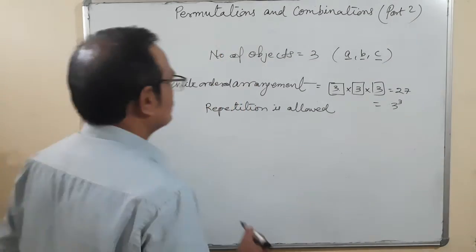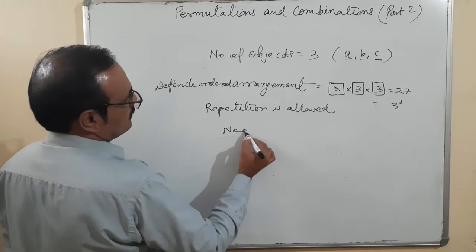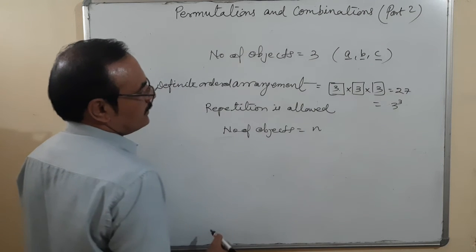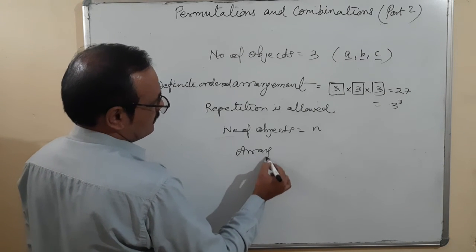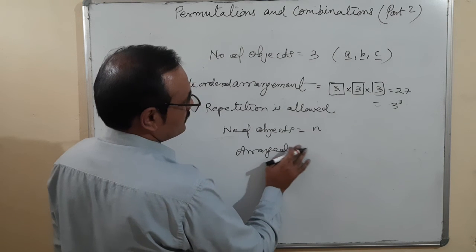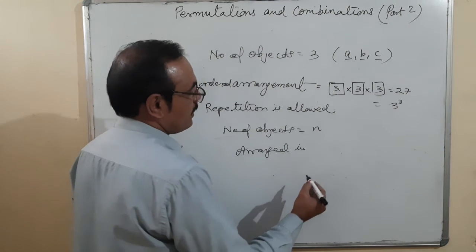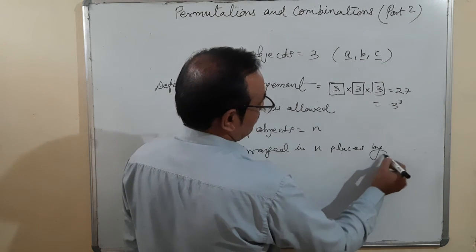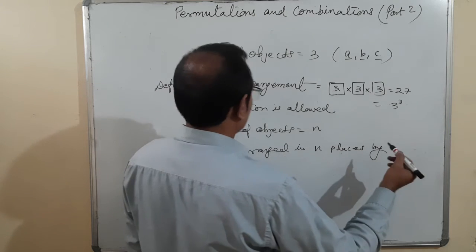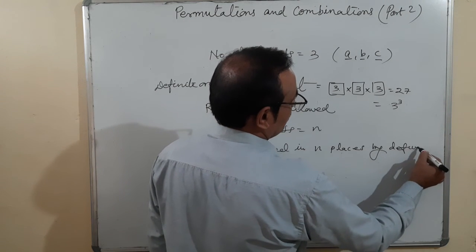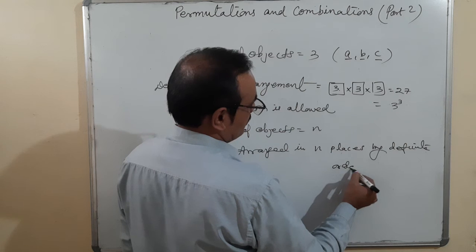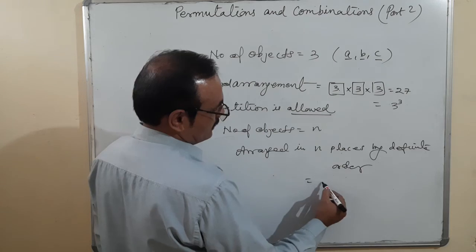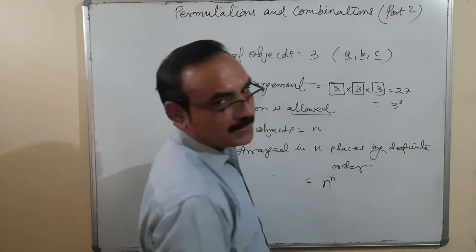Similarly, when the number of objects is n, and arranged in n places by definite order, and repetition is allowed, then what happens? n to the power n.